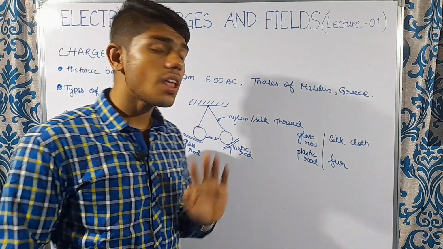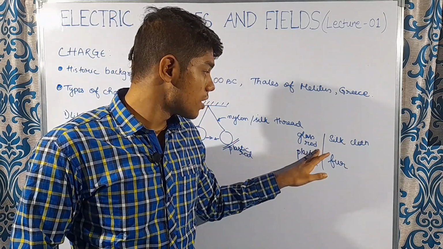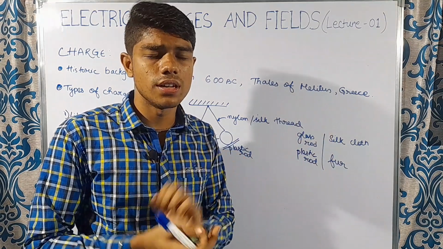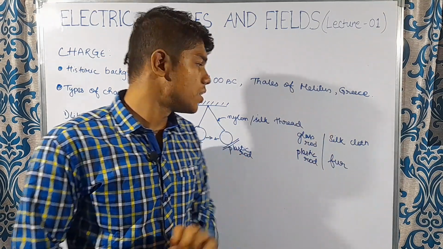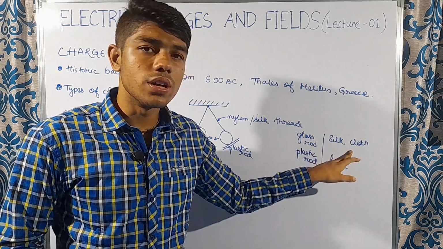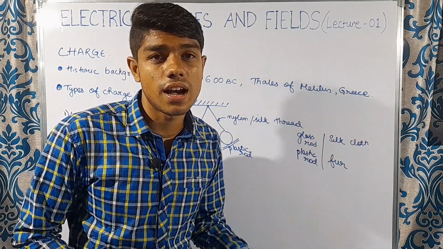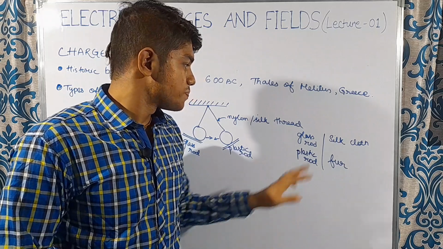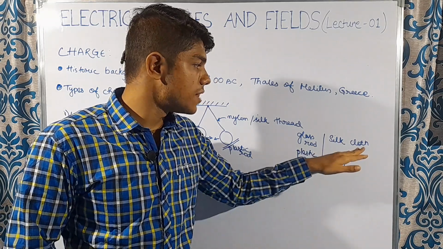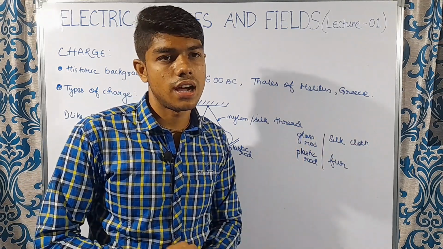Now, actually, you know what? When a glass rod is rubbed with silk cloth, or whenever any two materials are rubbed with each other, then one body acquires one kind of charge and the other body acquires the second kind. The glass rod acquires one kind of charge and the silk cloth acquires the other kind.